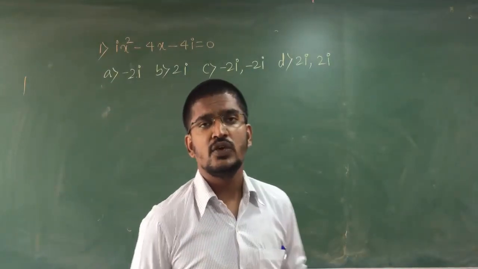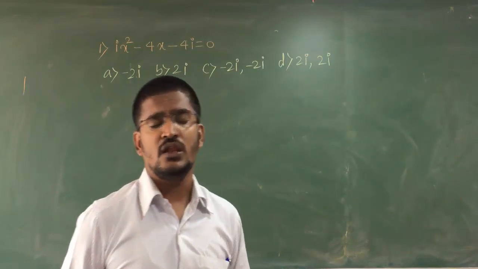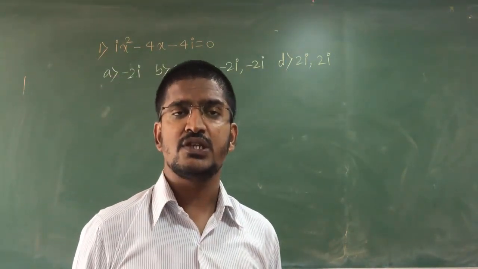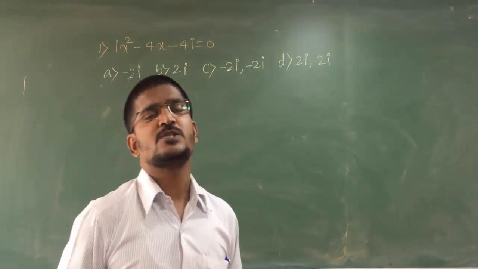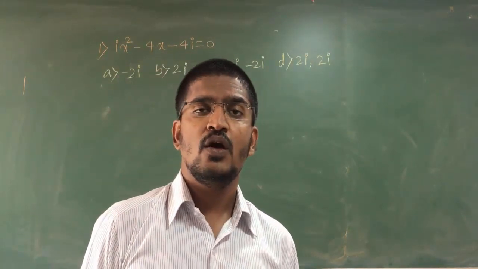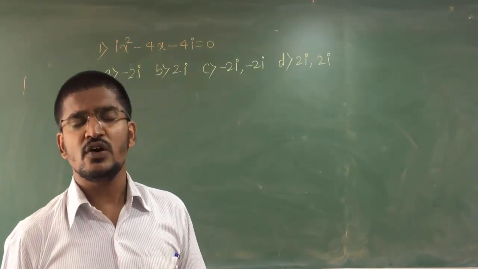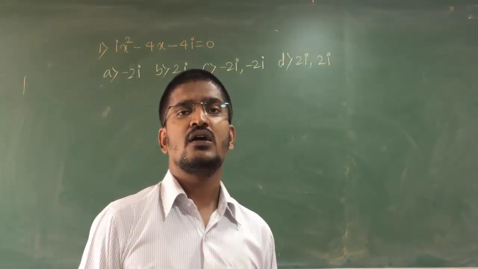Now students, you have to know what is a polynomial, what is an equation, what is a quadratic equation, what is a complex polynomial, and what is a real polynomial, what are the roots of a quadratic equation, what are the zeros of the quadratic equation. Clear?